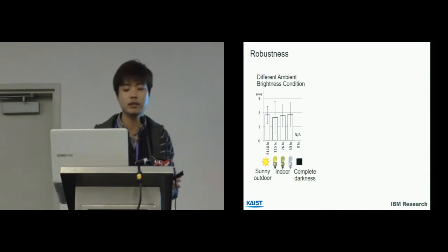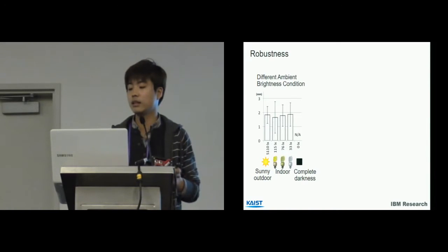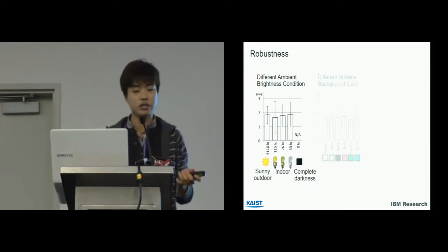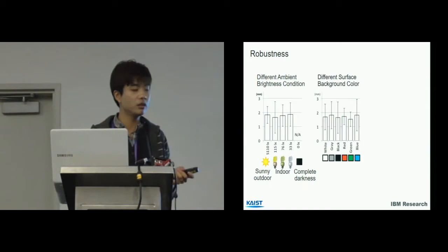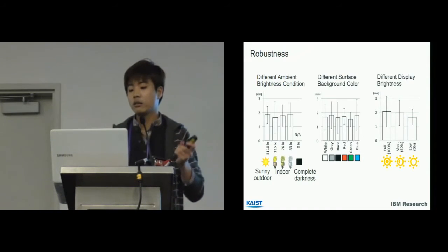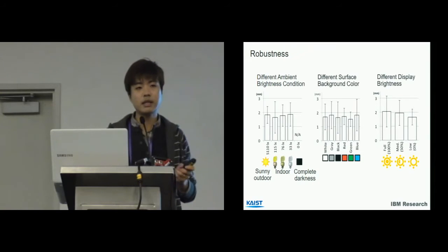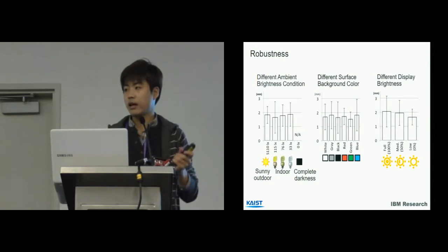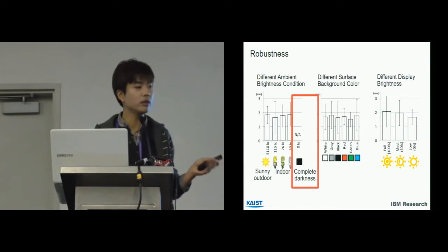We also tested robustness of SymmetriSense in terms of ambient brightness condition, surface background color, and display brightness. The results say that there is no statistical difference in the accuracy except the complete darkness case.